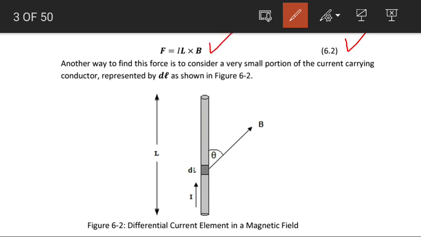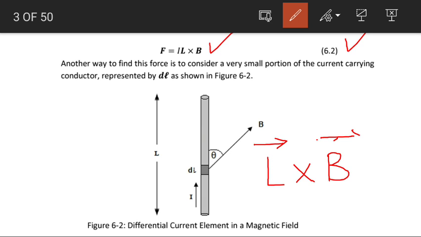As force is a vector quantity, so for the direction of this vector quantity, we consider the cross product of these two vectors. We consider the cross product of the length vector and the magnetic flux density.